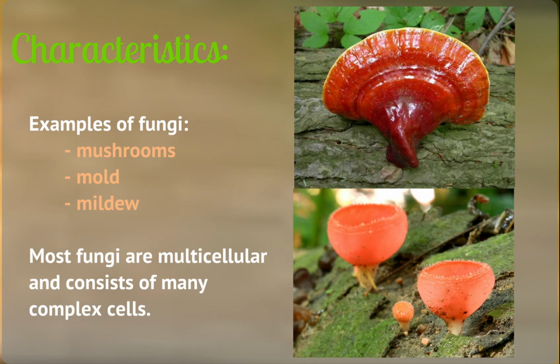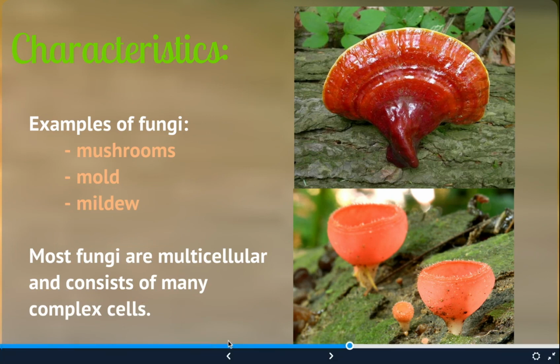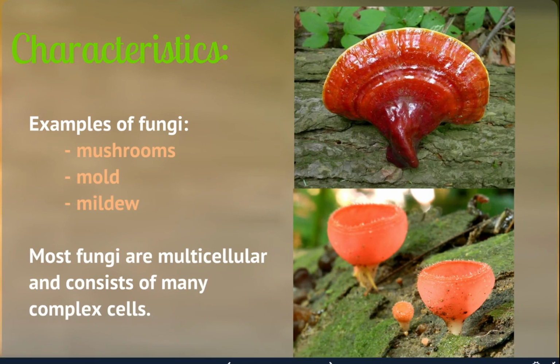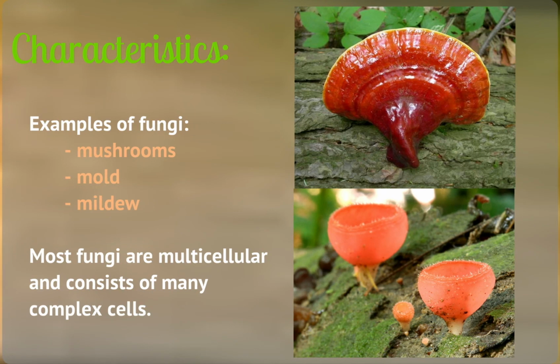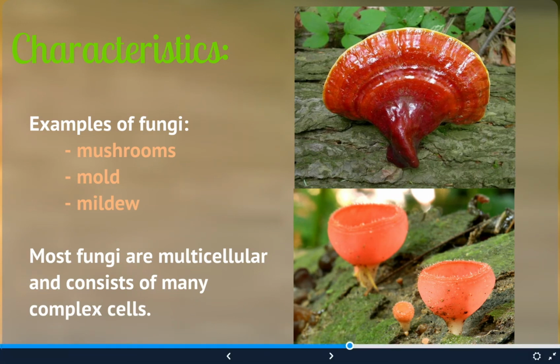It crunches when you step on it. They have an outer covering that consists of a carbohydrate or many sugared polysaccharide known as chitin. That's why mushrooms crunch when you step on them.